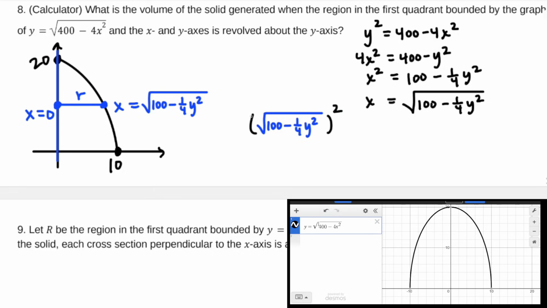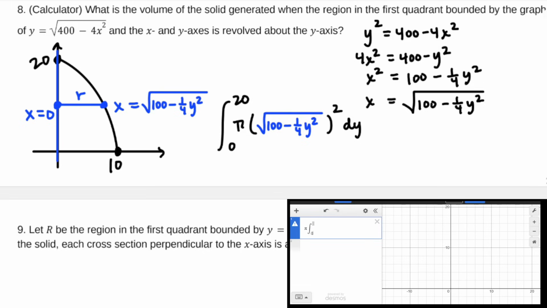I'm going to square it, integrate pi r squared, and y goes from 0 to 20. That's going to be a job for the calculator though, to get a decimal number. So I'm going to take pi times the integral from 0 to 20 of, okay, get rid of the square root in the square, 100 minus 1/4 y squared dy.